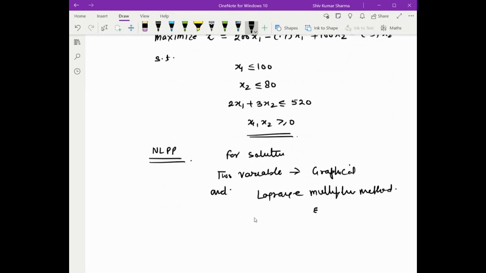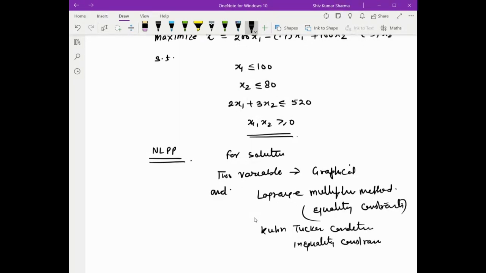This solves only equality constraints. And the Kuhn-Tucker condition handles inequality constraints. So we solve the problems by using these methods.